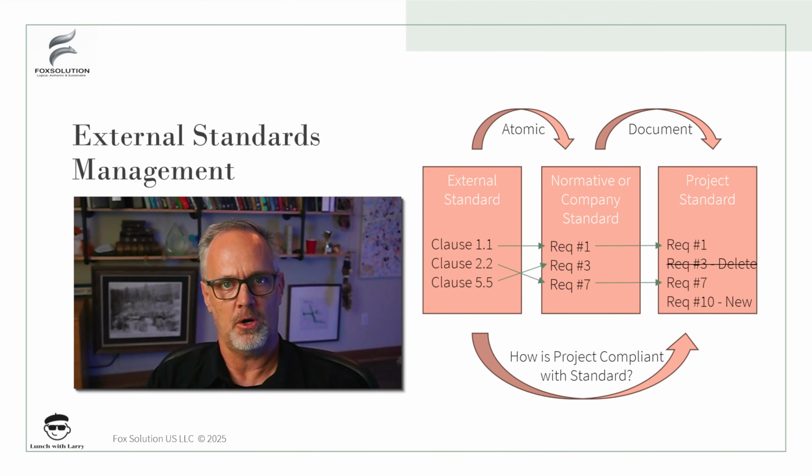So I can show directly as I double click what the compliance is of any project to any standard with all the test data that's associated with it. This is something that is almost impossible to do in most companies. Most companies do this with spreadsheets in a completely manual process. So very, very powerful, high value point is management of these external standards and the traceability to the requirement set.